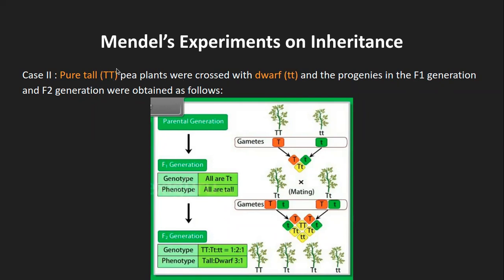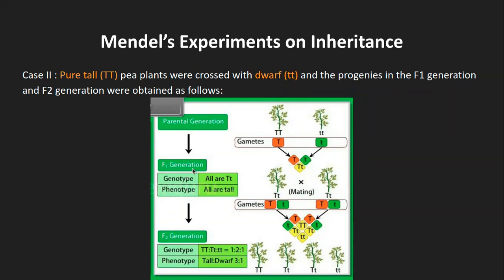This one is homozygous dominant, that is capital T. When these two were crossed, this will form only one kind of gamete, as in it will form two gametes, but both gametes will be the same, so that will be capital T. This will also form two gametes, both the same, so that's why it is just written as small t. And when they combine together, what we get, in yellow color here, is capital T small t, that is heterozygous dominant.